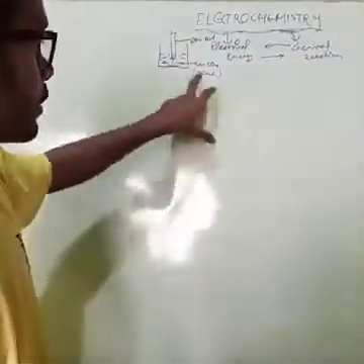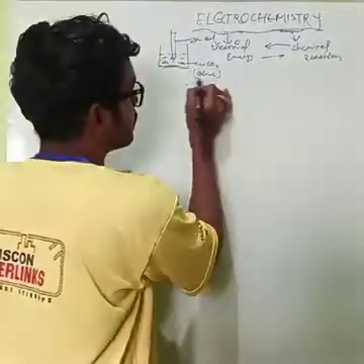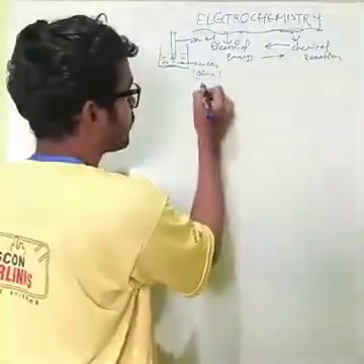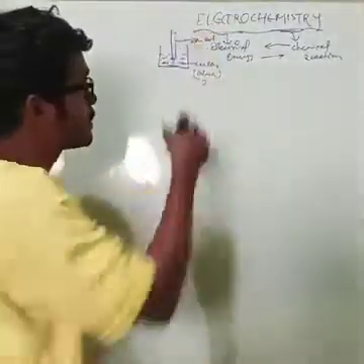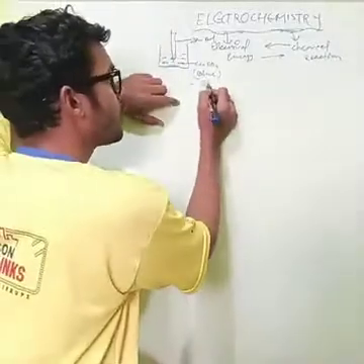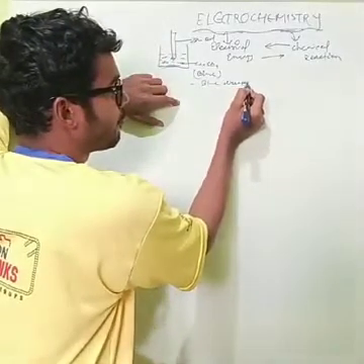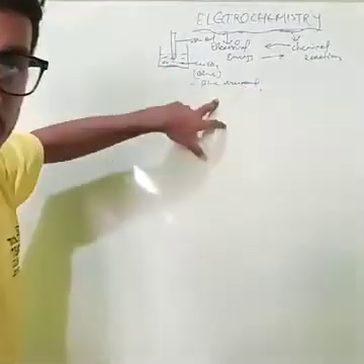So copper sulfate is blue. When you dip this rod into the solution, what happens? The blue color disappears, the blue color got vanished.